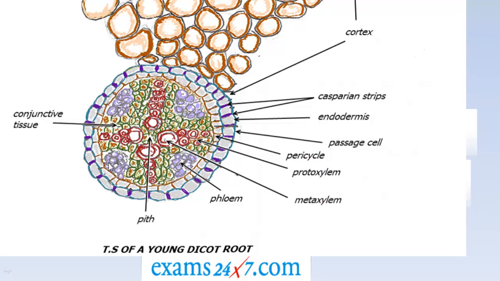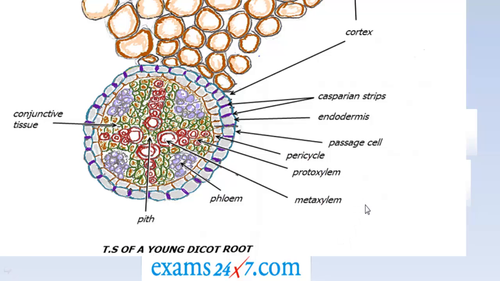That is, the xylem is exarch. Between the xylem and the phloem, there is parenchyma called conjunctive tissue. As there are 4 xylem alternating with 4 patches of phloem, in most of the dicot roots, the stele is said to be tetrarch stele.